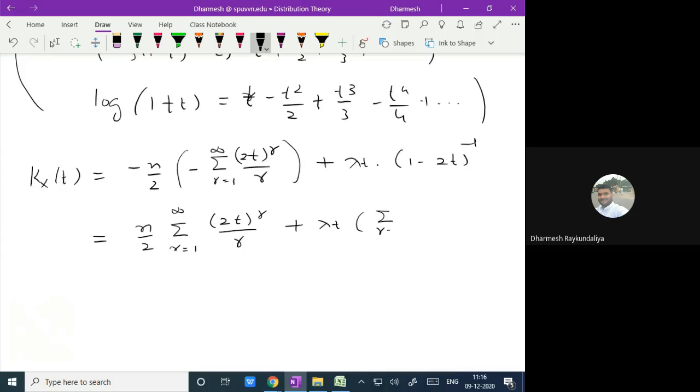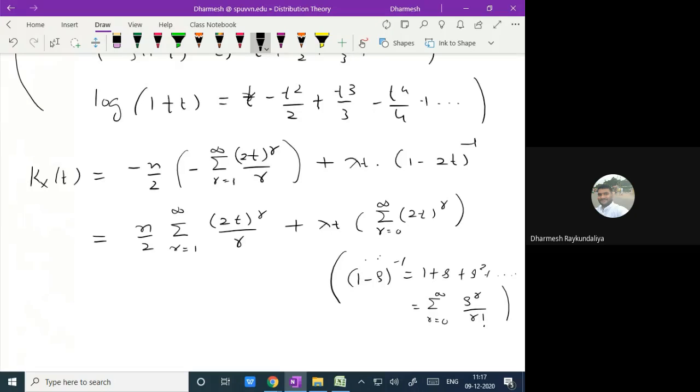and this I can write as summation r equal to 0 to infinity 2t raised to r. Why? Because we know this 1 minus rho raised to minus 1 is equal to 1 plus rho plus rho squared plus up to infinity. So that is nothing but summation r equal to 0 to infinity rho raised to r.